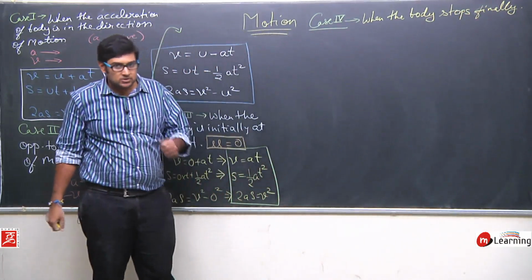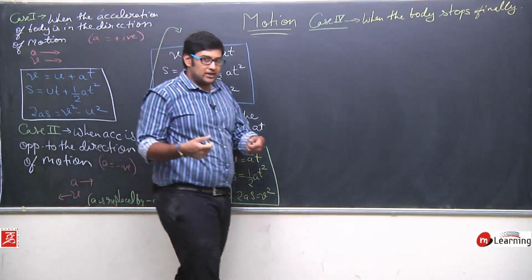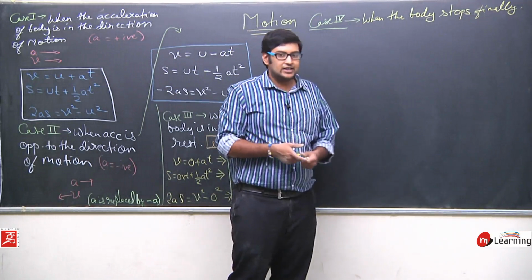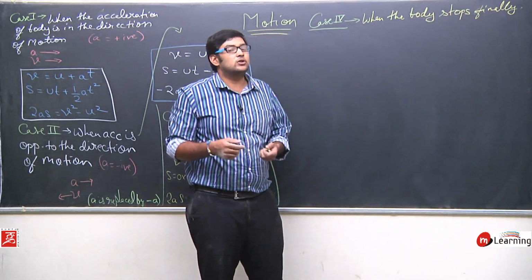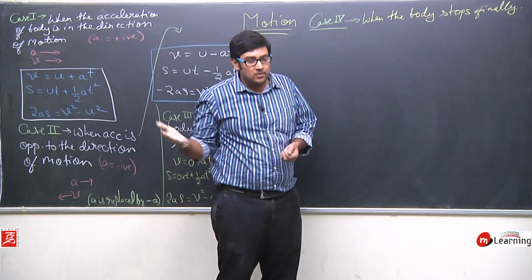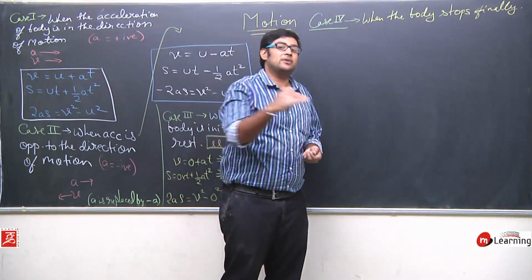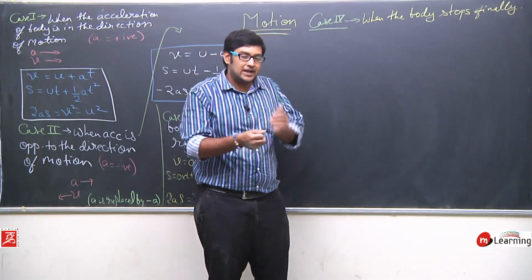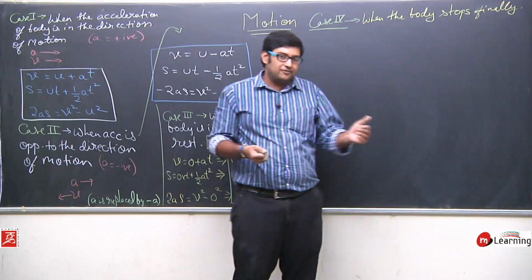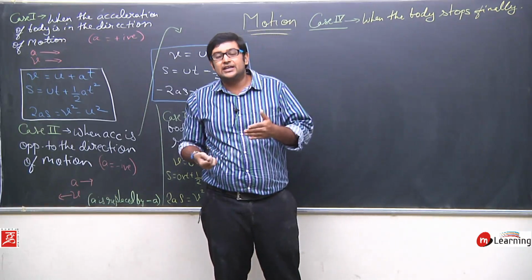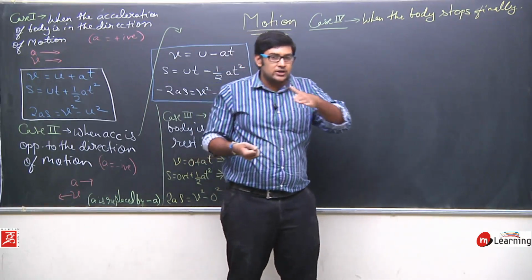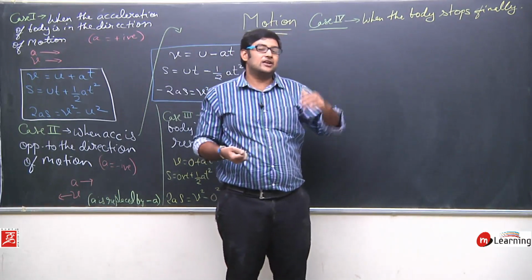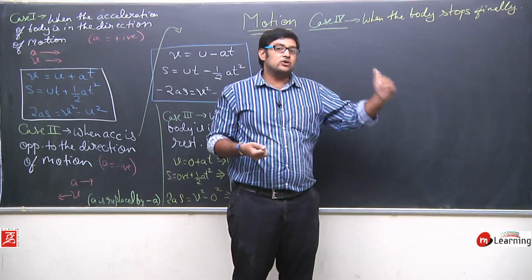When the body is moving with some velocity and finally stops, we are considering only cases of uniform acceleration, either uniform positive or uniform negative. If a body is traveling with some speed and finally stops, it does not stop suddenly. Gradually its speed decreases, and finally it stops.